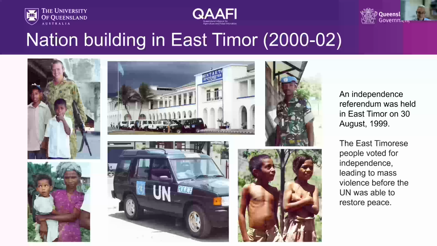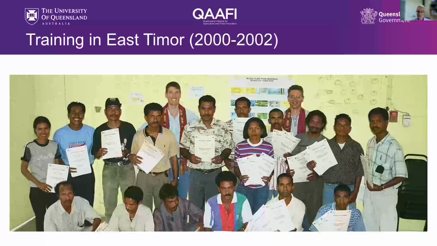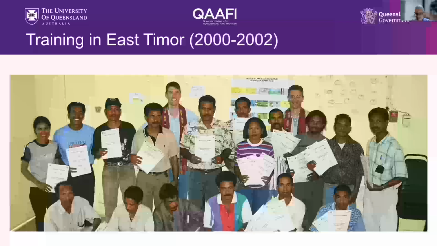The Queensland Government were very keen to be involved in nation building in East Timor, and they asked myself and my colleague Rob Kelly, who'd also been working with us in West Timor, if we would be interested in going over and training some of the East Timorese agronomists. We did this in 2000. We ran 3 workshops, and then again in 2002 we ran another 3 on rice-based cropping systems and running field experiments and other things. It was an extraordinary experience to work with these very courageous and amazing people.